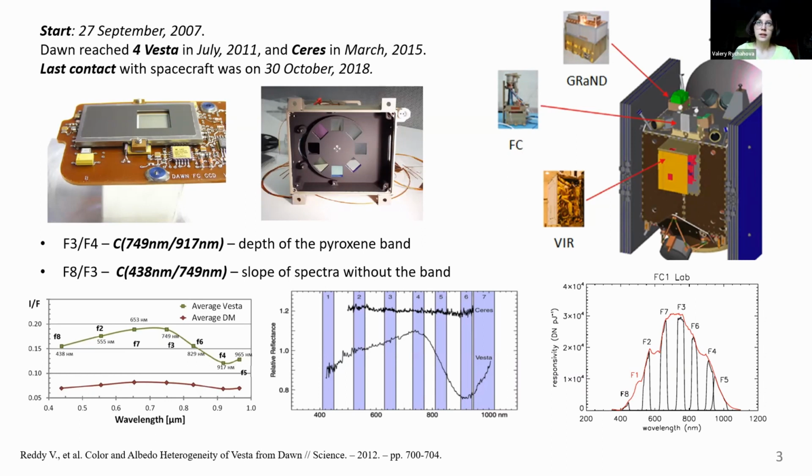Using images in different filters, we could characterize the spectra of Vesta and Ceres. For example, the Vesta spectrum is characterized by an absorption band, the absorption band of pyroxene, and we could analyze the depth of this band as well as the slope of the spectra. Next, please.